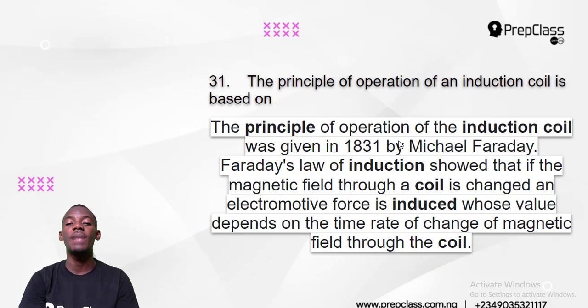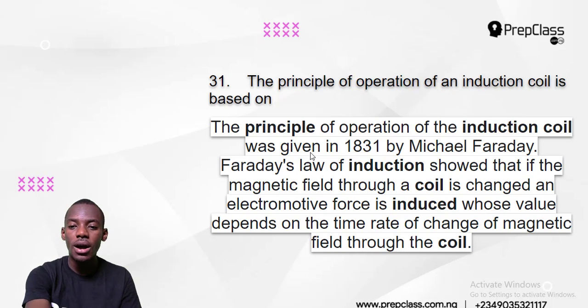But this is what the principle says. Faraday's law of induction shows that if the magnetic field through a coil changes, then we have a coil. Now, a coil is found in an electric motor, right? And the coil keeps alternating, that's why the motor keeps moving. The magnetic poles switch, and when they switch, that principle is what Michael Faraday explained.